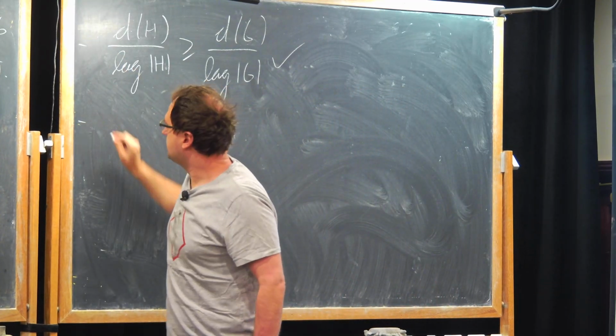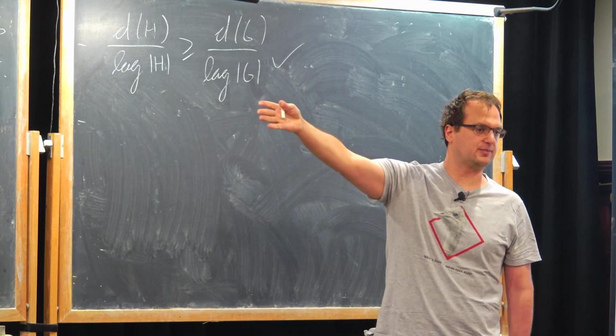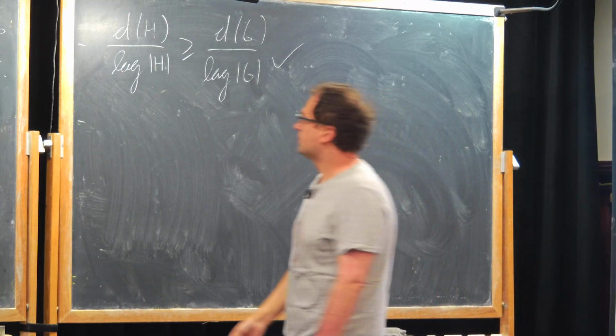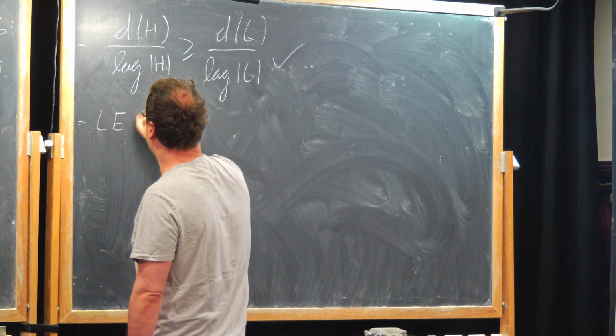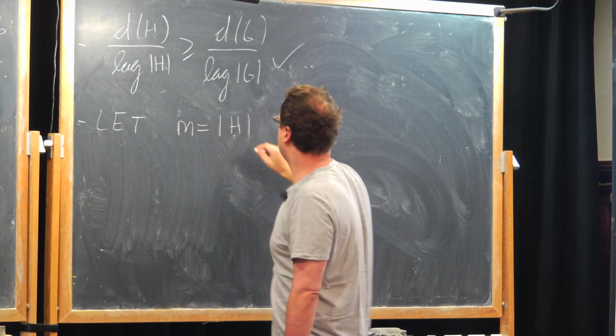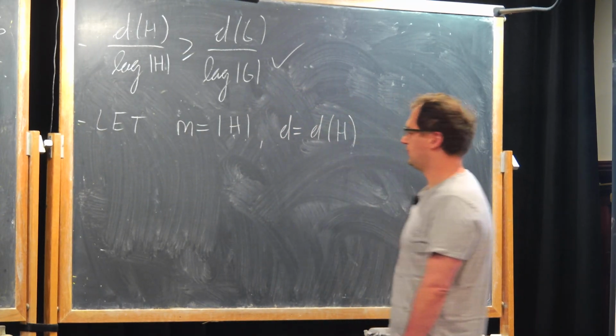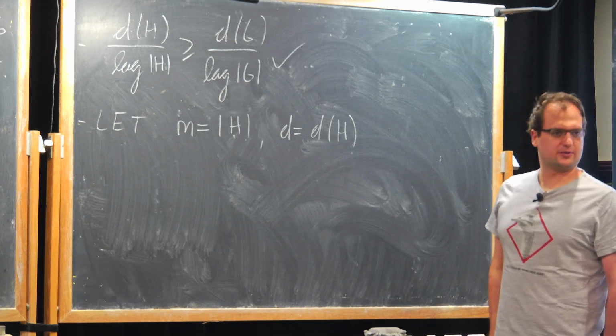The more tricky bit is to show that this H actually has those expansion properties written there. So let M be the number of vertices in H. Let D be the average degree in H. I'm just setting up a bit of notation.